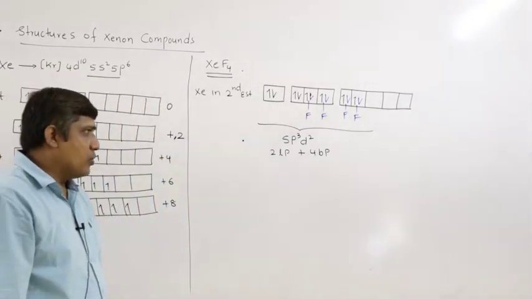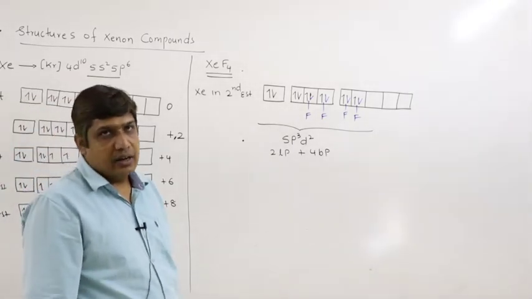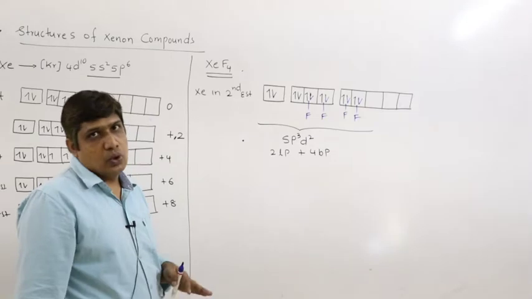Generally if you have 6 hybridized orbitals, the geometry should be octahedral. But here you have 2 lone pairs.